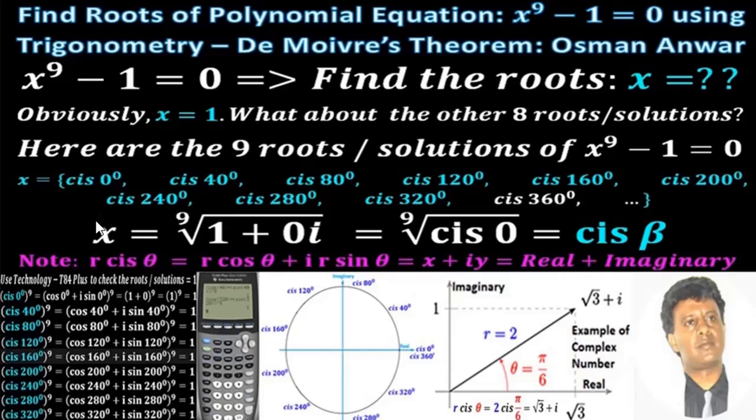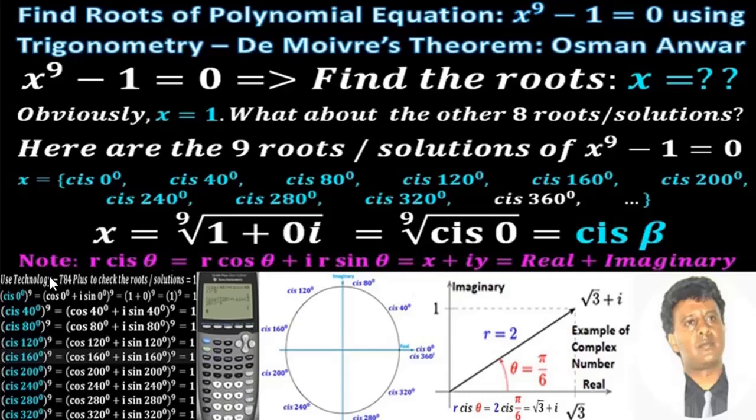So what that means is we are trying to solve for x equals 9th root of 1 plus 0i, and that is a complex number. 1 is the real and 0i is the imaginary. So 9th root of 1 plus 0i is equal to 9th root of cis 0. This 9th root of cis 0 is equal to cis beta, and we'll find out what beta is.